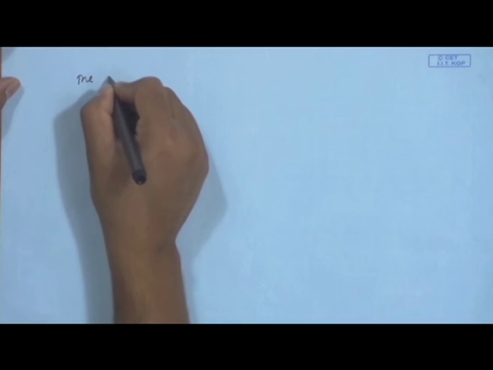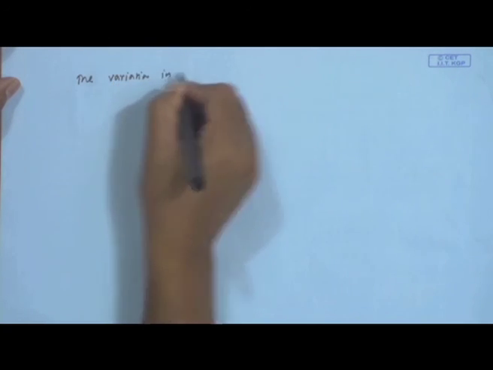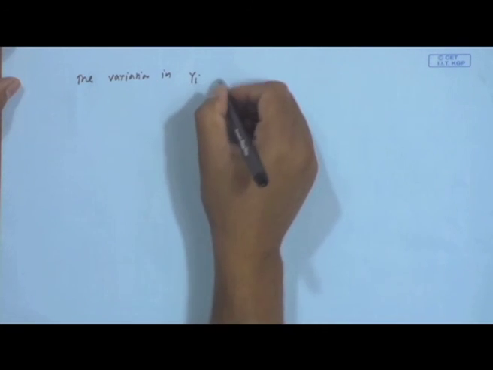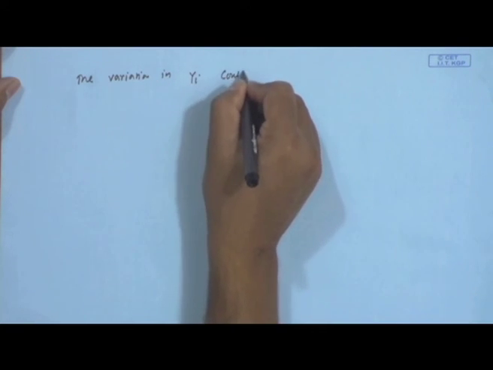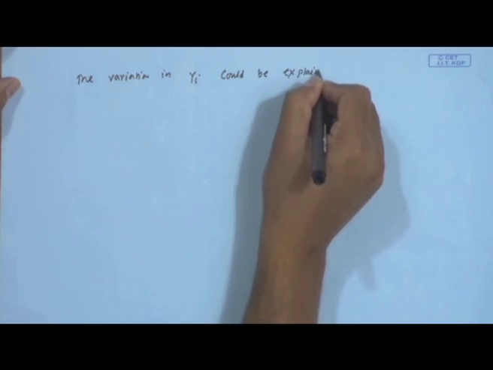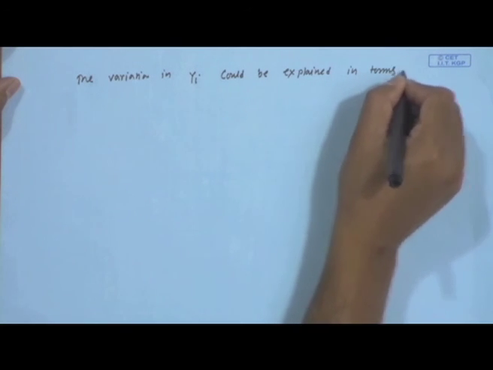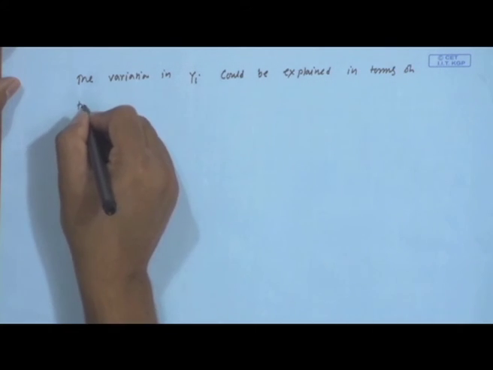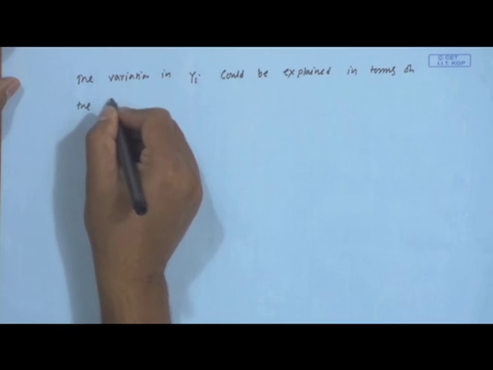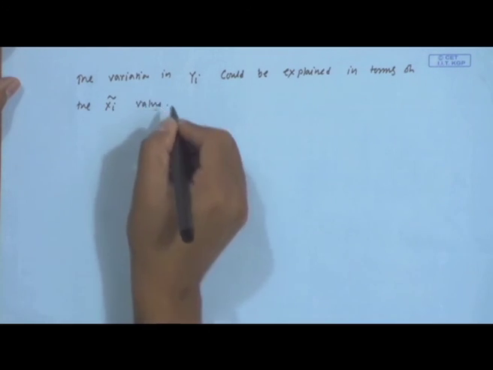So, the variation in yi could be explained in terms of the regressors' values.